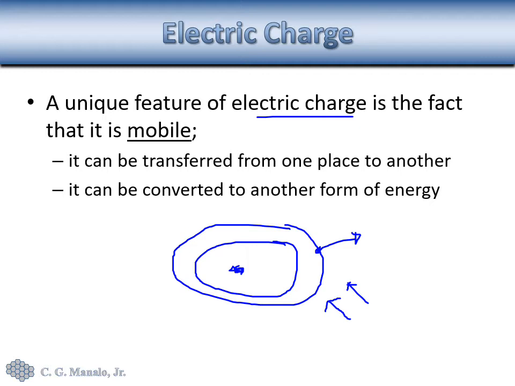Because once these electrons move around, we have a mobile electric charge. So they can be transferred from one place to another, and they can also be converted to another form of energy.